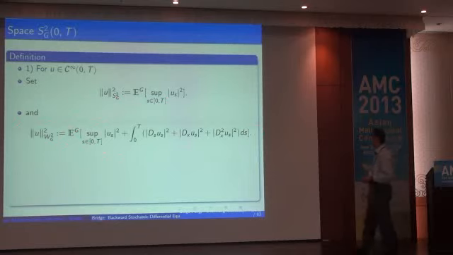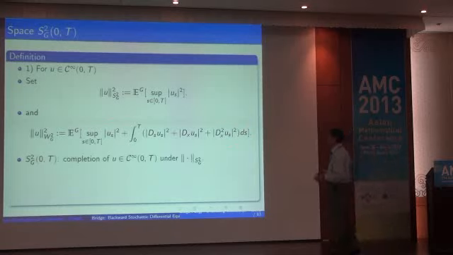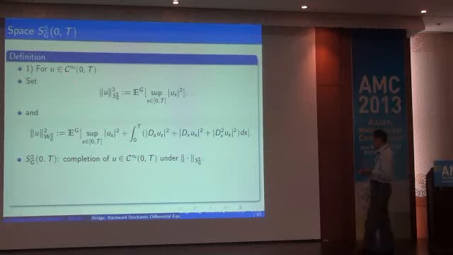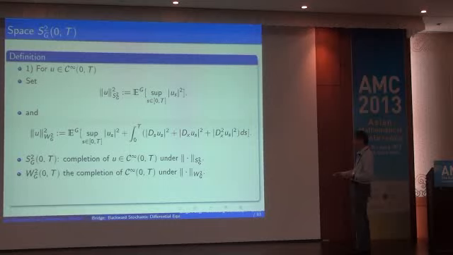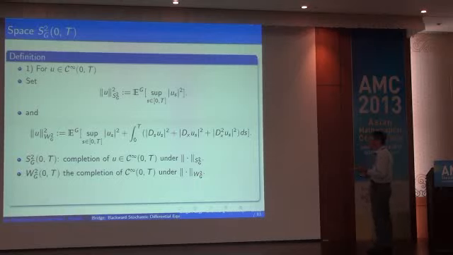With this, we can define a space of U, which is the completion of this space under this norm. And we can also define this U2T, also U12T, under U2T and also under this W2T.